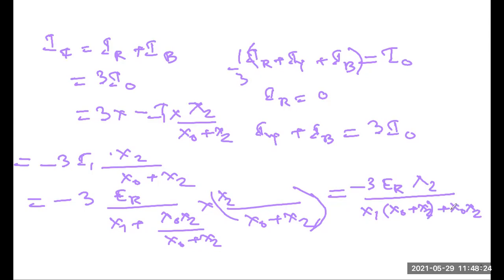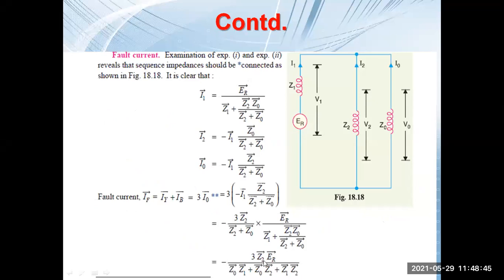This is clear? Any doubt? So finally, we will get 3 X2 here by X0 X1 plus X0 X2 plus X1 X2. This fault current is okay.